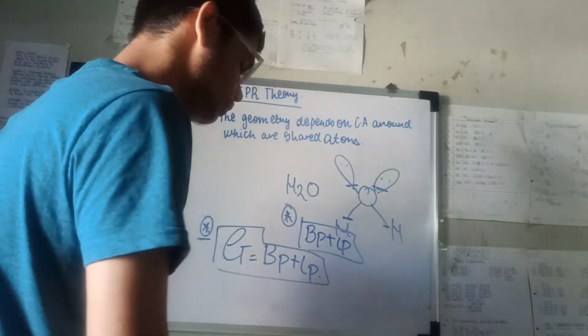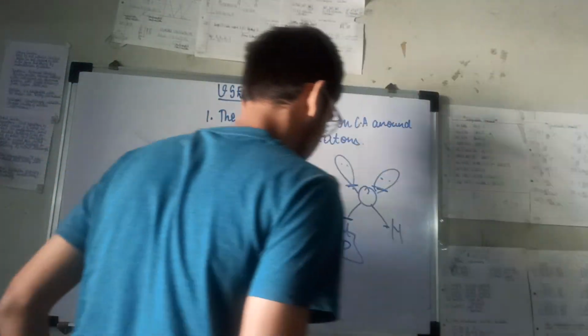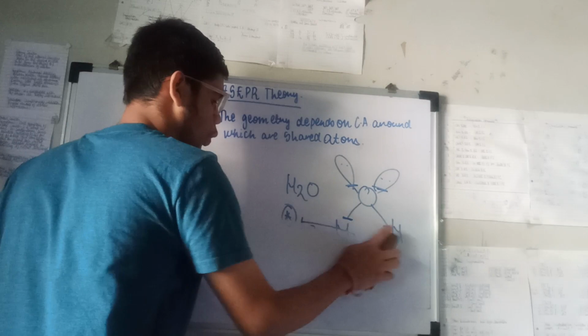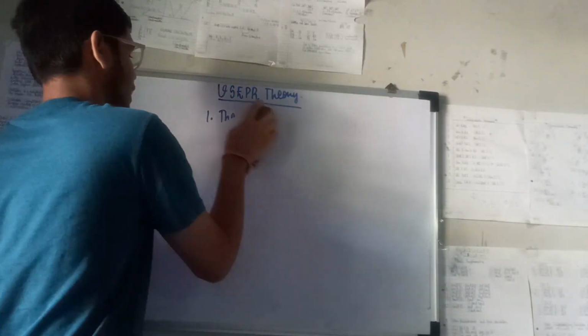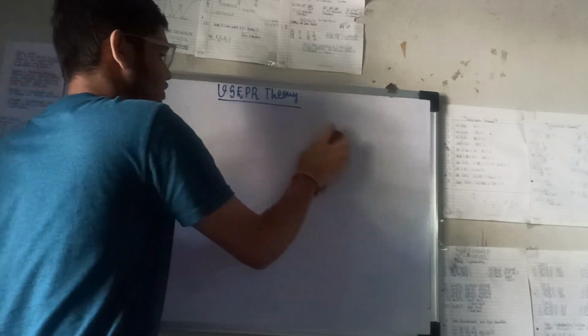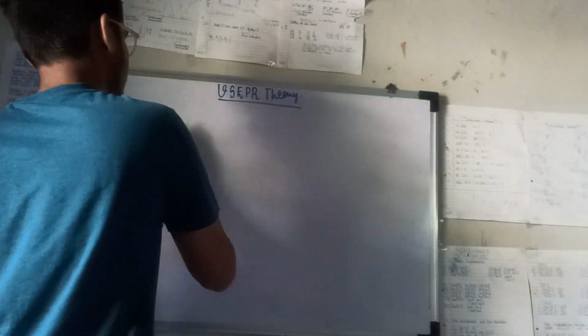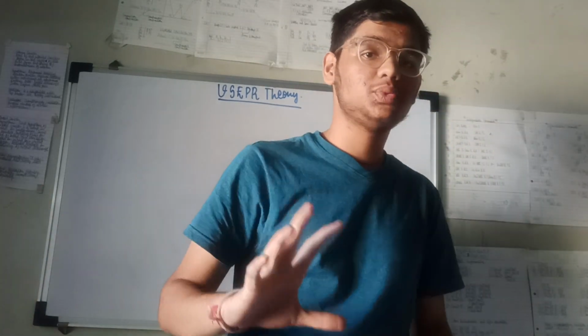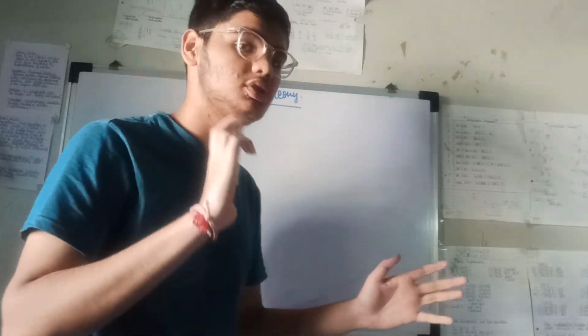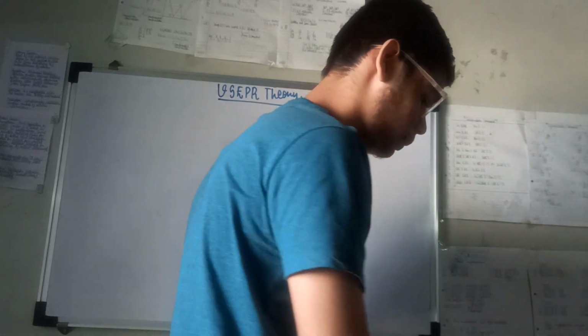Okay. Now I am writing the second postulate. We'll do this session slowly, because this is quite important to understand the postulate as well as the concept around the topic.